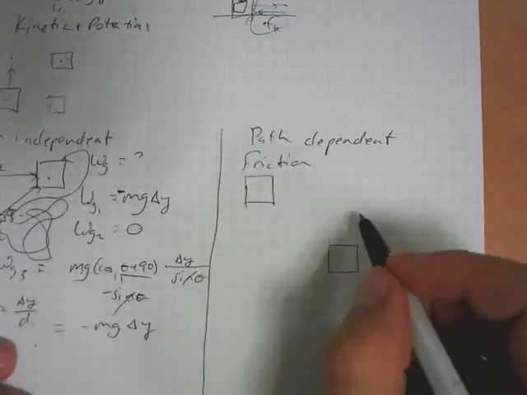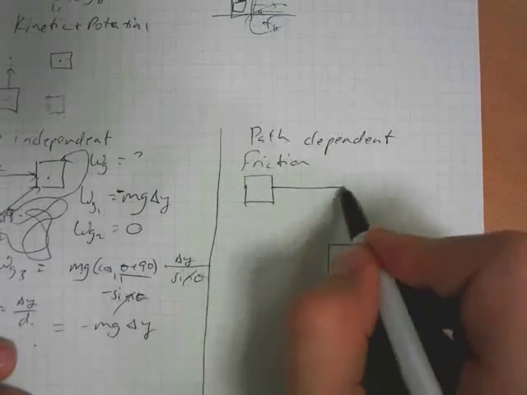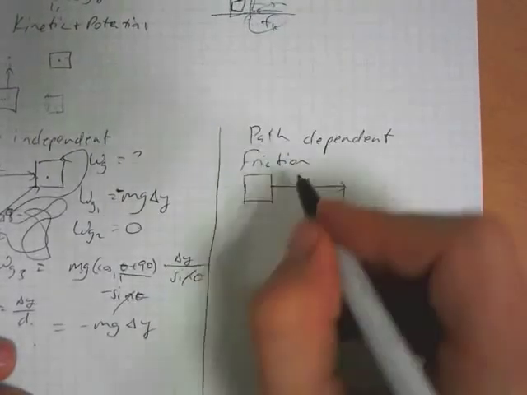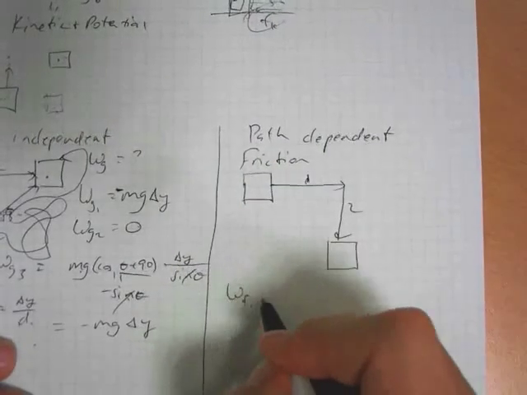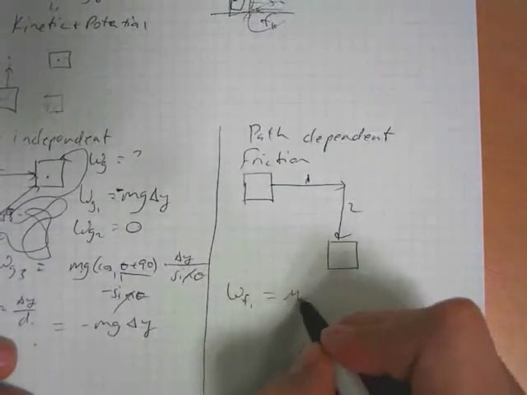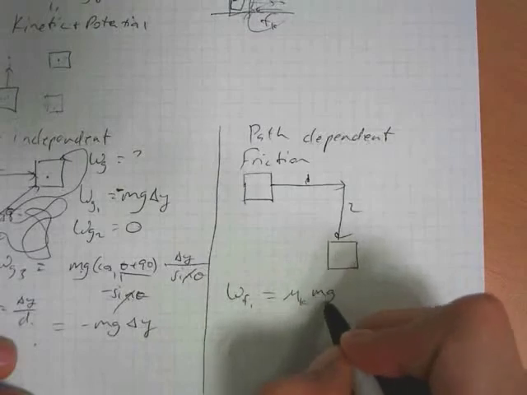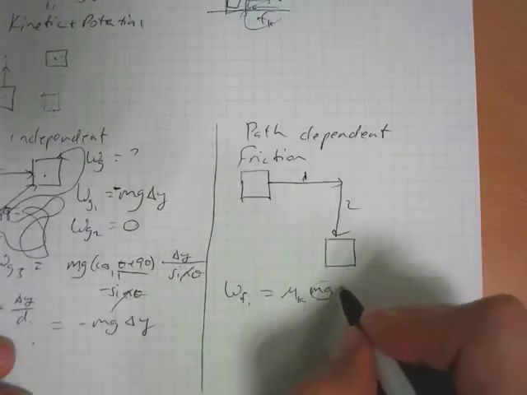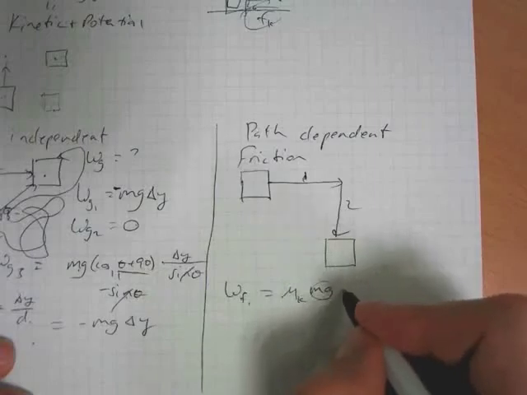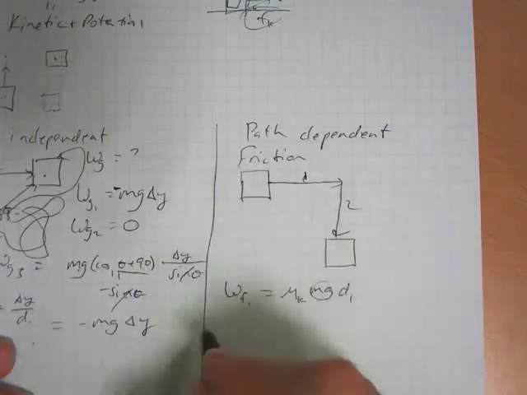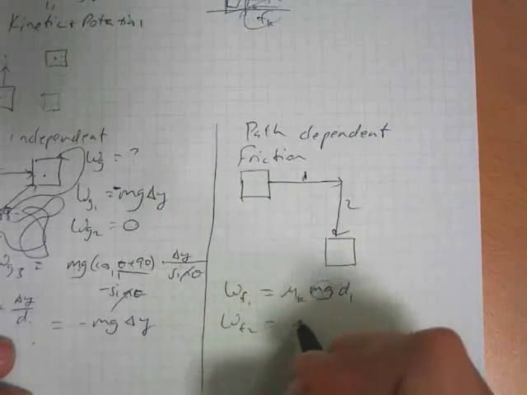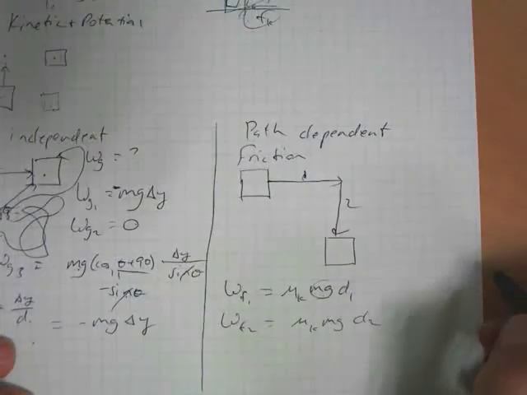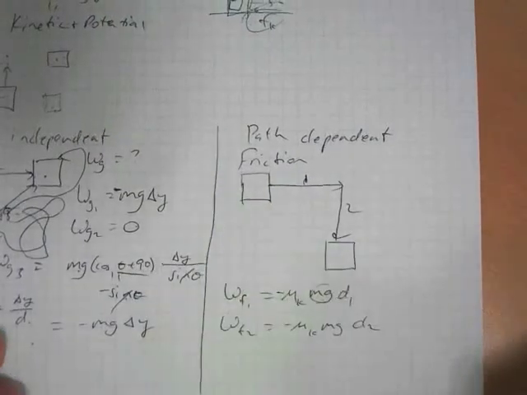If we push it here and then here, the work done by friction on path 1, assuming we're pushing horizontally, is minus mu k times the normal force, which is equal to mg in this case, times whatever that distance is. The work done by friction on path 2 is minus mu k mg times whatever that second distance is. Both of these are negative because the force of friction always opposes motion.